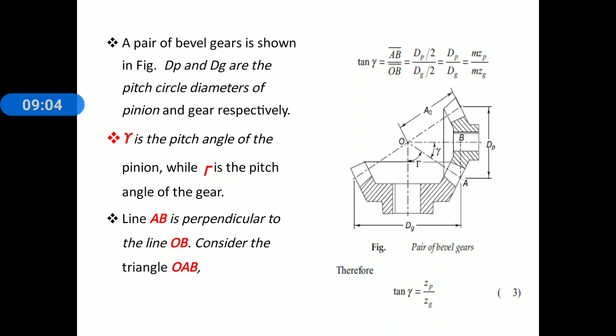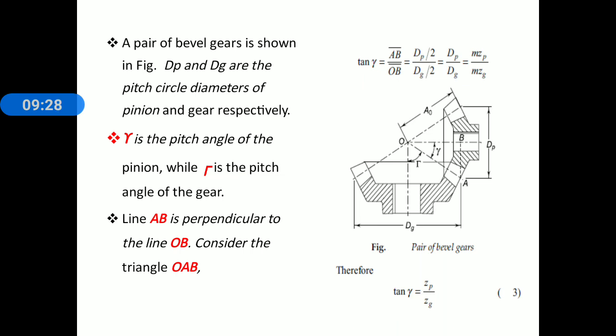Now observe the sketch. Line AB is perpendicular to the line OB. Consider triangle OAB. In this triangle we consider tan gamma. Tan gamma is equal to front side to the adjacent side. Front side is AB, adjacent side is OB.